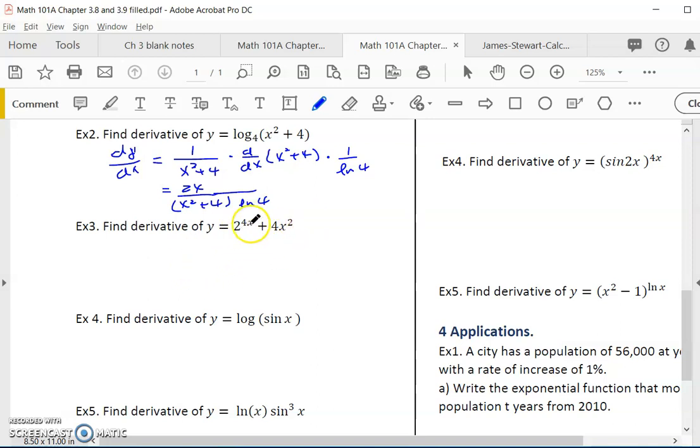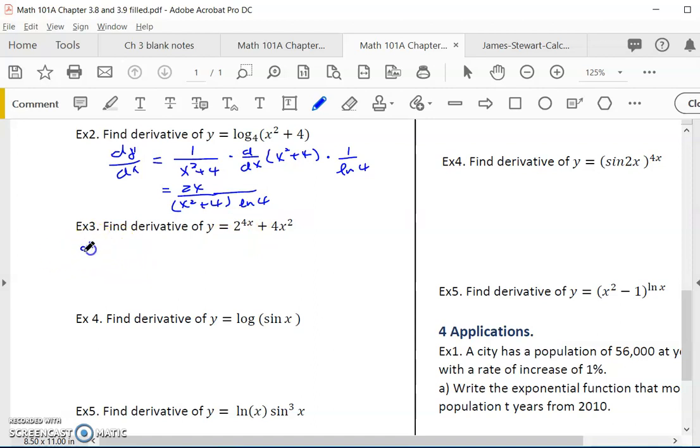Okay, let's do the next one: 2 to the 4x plus 4x squared. Okay, so this is an exponential, and this is just a power rule. I put them together so you can distinguish them. For 2 to the 4x, the base is 2, but the exponent is not x, it's 4x, so you have to do some kind of chain rule.